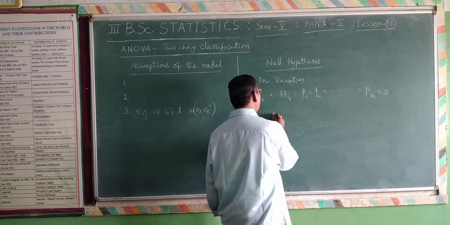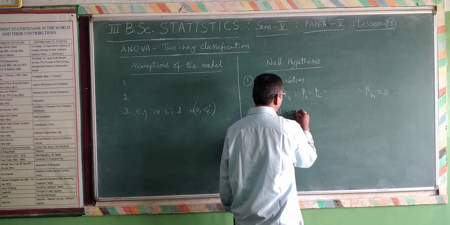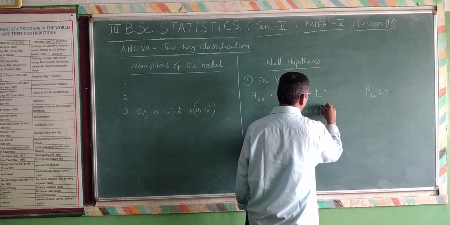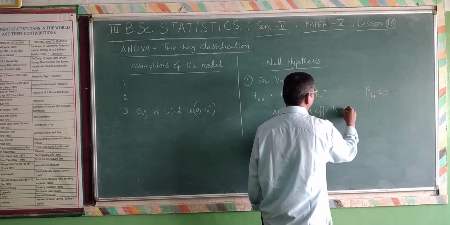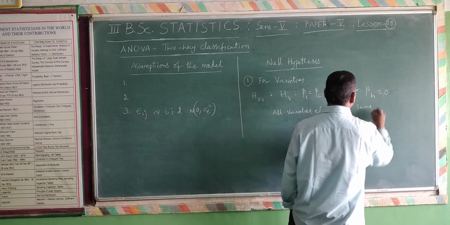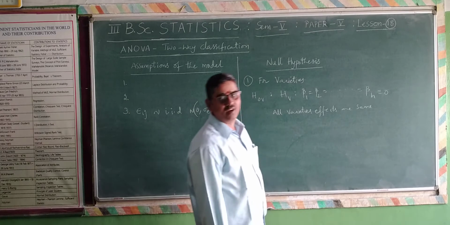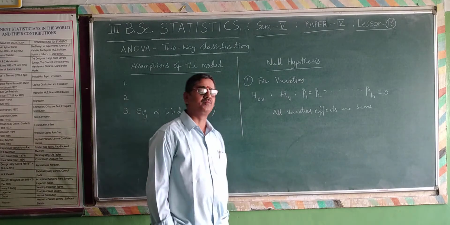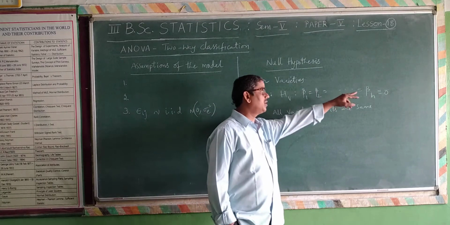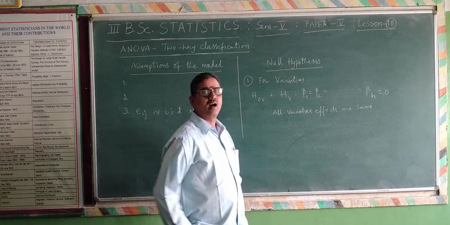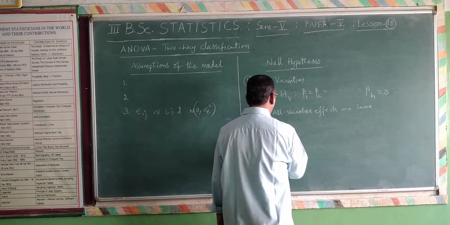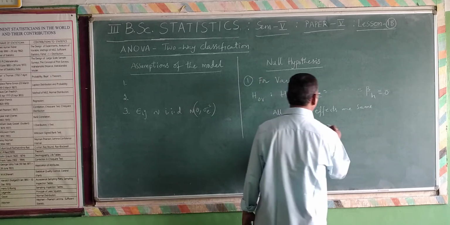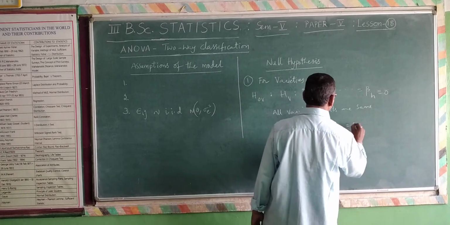Which means all variety effects are same, all varieties affect in the same way. Or else the statement is mu dot 1 equal to mu dot 2, and so on, equal to mu dot H equal to mu.